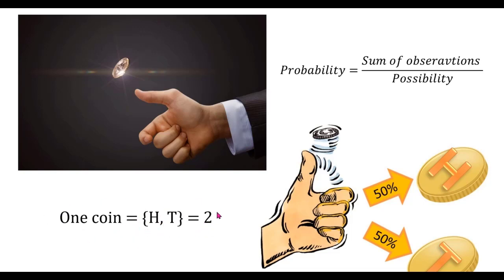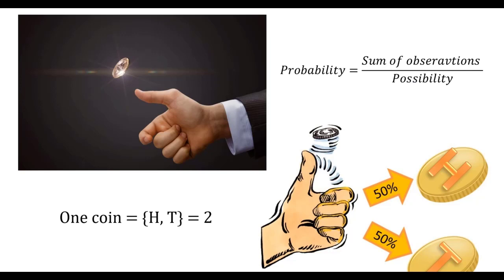All possible outcomes are called the sample space. When a single coin is tossed, the possibilities are head or tail, so the number is 2. Then what is the probability of getting a head? How many times will a head occur? Only once. So 1 divided by 2, which is 50%.